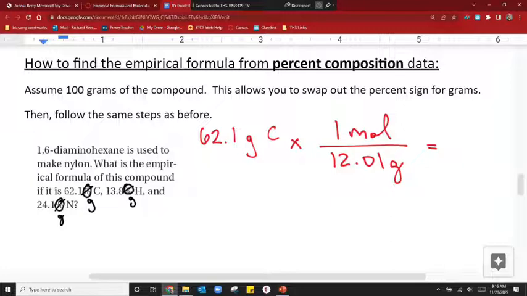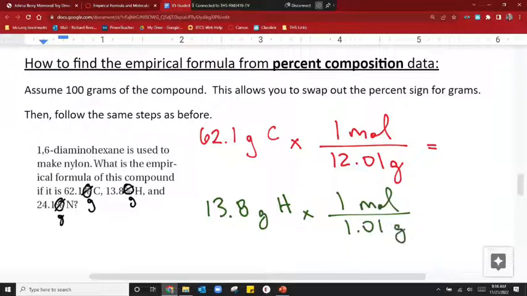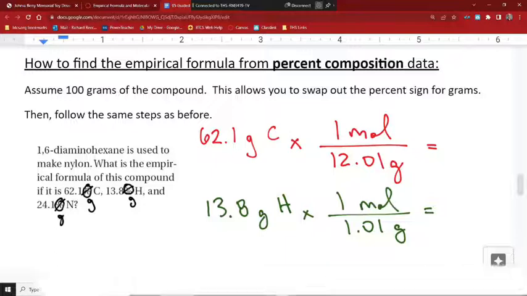I'll do the same thing with the hydrogen, 13.8 grams of hydrogen, using its atomic mass from the periodic table. And then same thing with the last one, 24.1 grams of nitrogen.